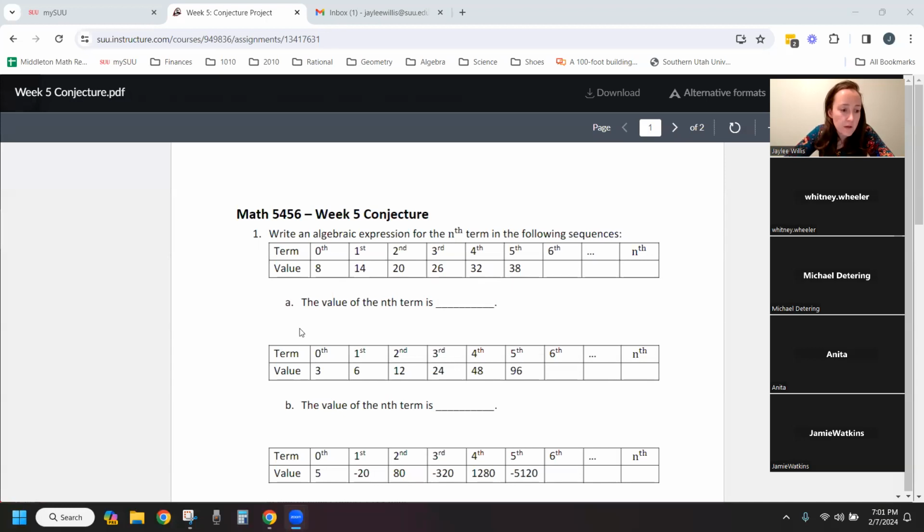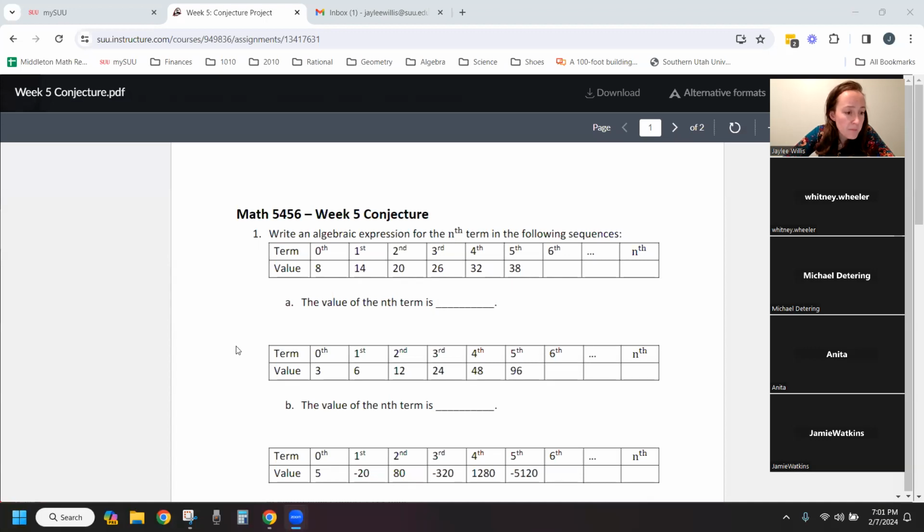A couple people in the chat said that the pattern is that you're adding 6 every time. Yep, because 8 plus 6 gives you 14, 14 plus 6 gives you 20, 20 plus 6 gives you 26, and so on.